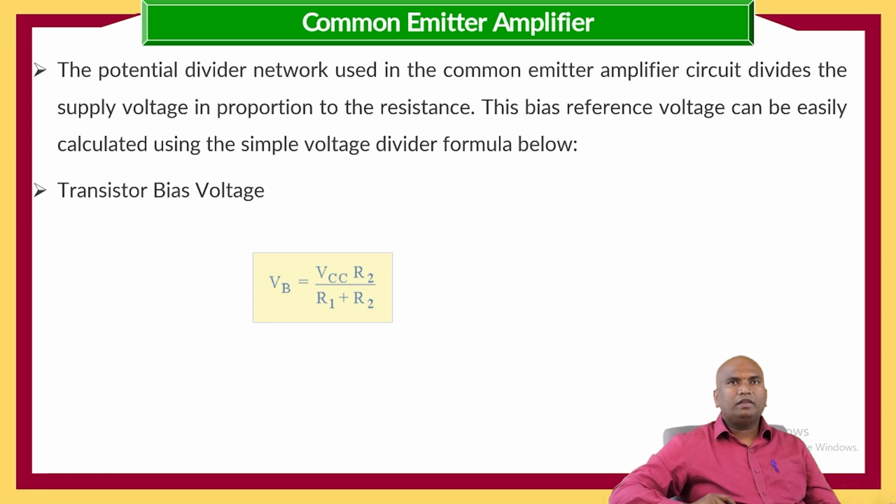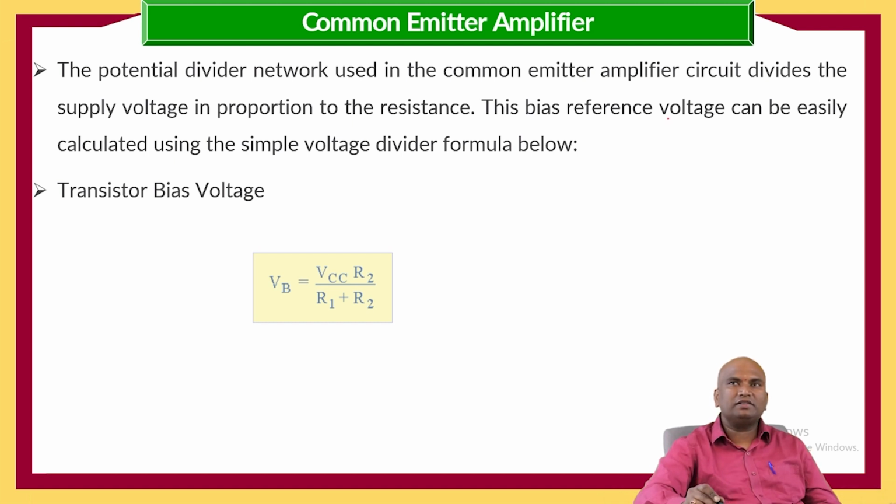Now the potential divider network used in the common emitter amplifier circuit divides the supply voltage in proportion to the resistance. So whenever we have taken the potential divider circuit, which consists of two series connected resistances, it will produce an output voltage which is proportional to the resistance.